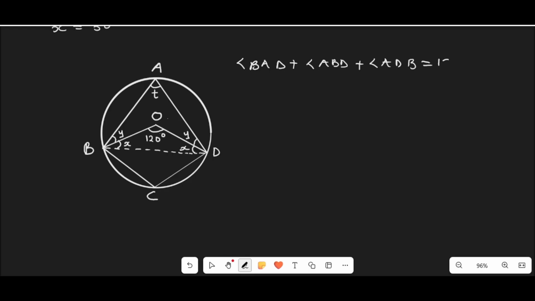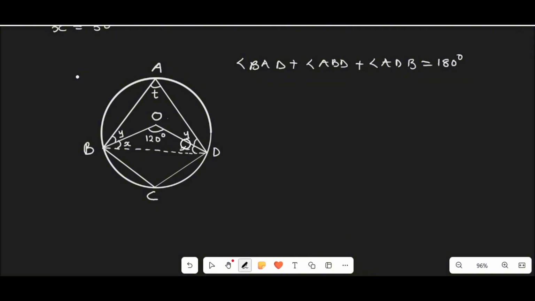From the diagram, I want you to note that angle ABD is y plus x, and angle ADB is also y plus x.